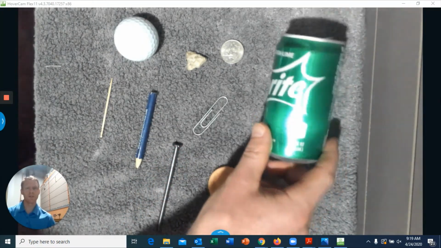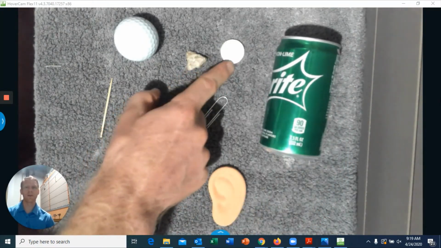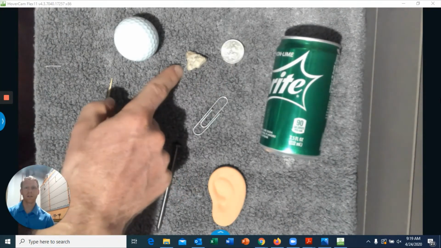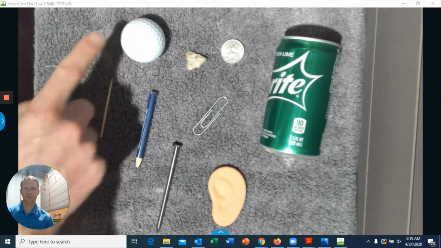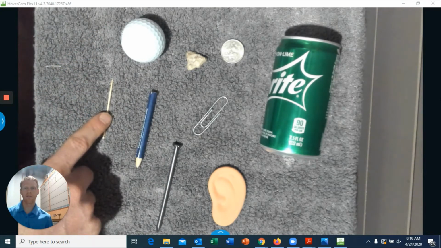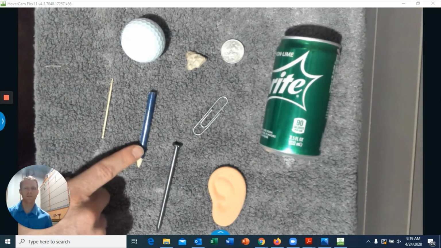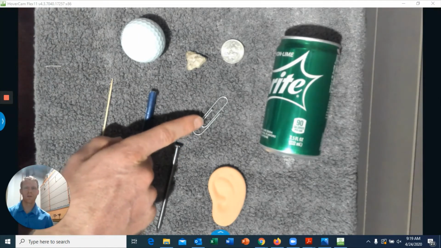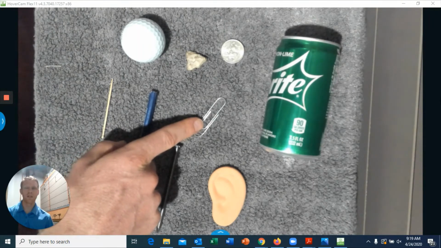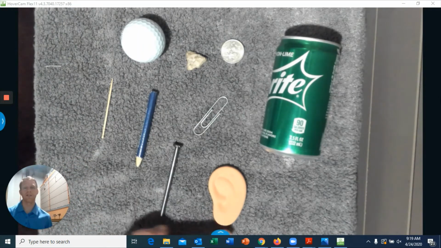This one is empty. We have a quarter, a small rock, a golf ball, a toothpick, a pencil, a nail, a paperclip, and although it looks like an ear, this is an eraser.